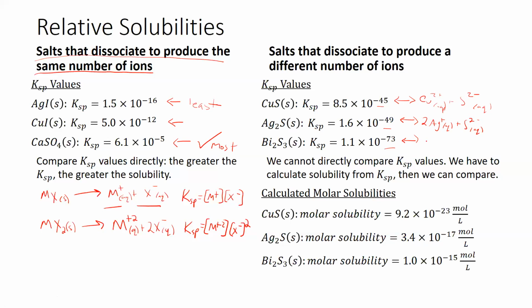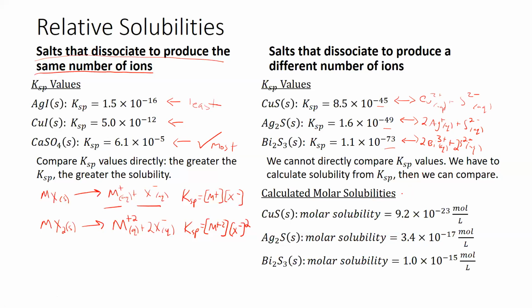Even though the anion is the same anion for all 3 of these substances. So here you get 2 bismuth. So even though you have sulfur in each of these cases, your KSPs aren't going to be comparable because of the number of particles that it dissociates into.